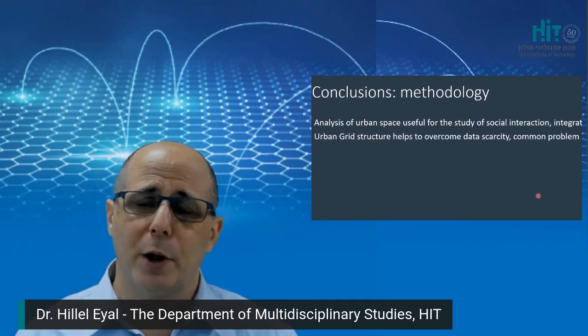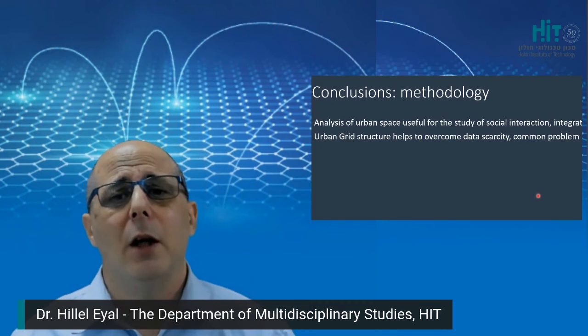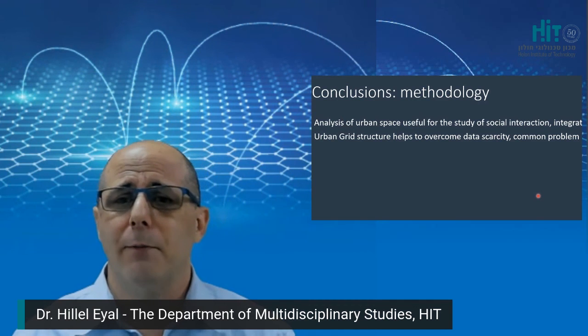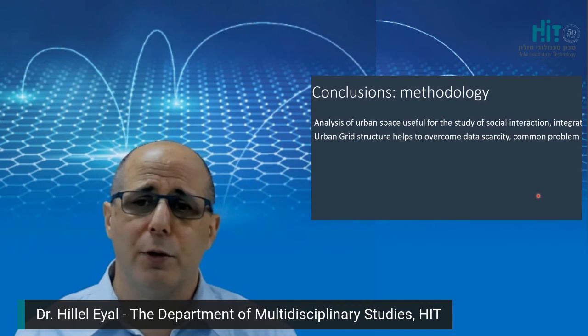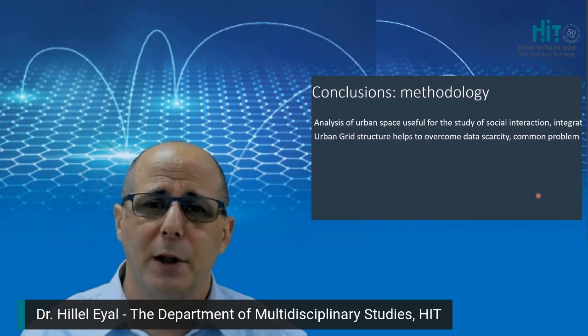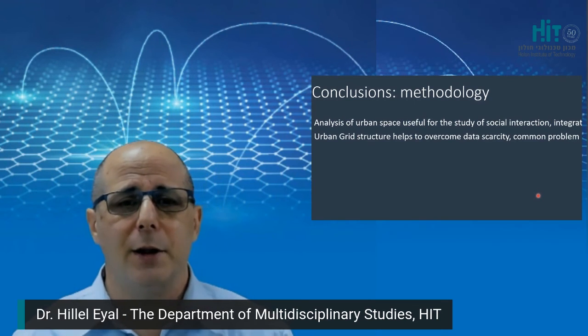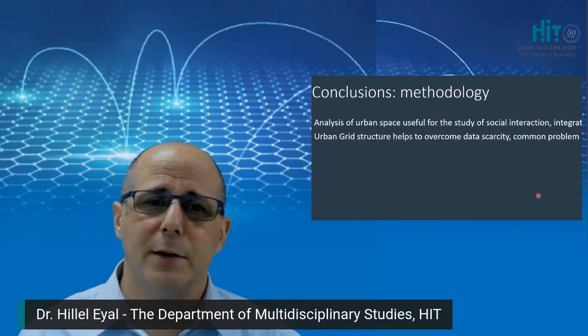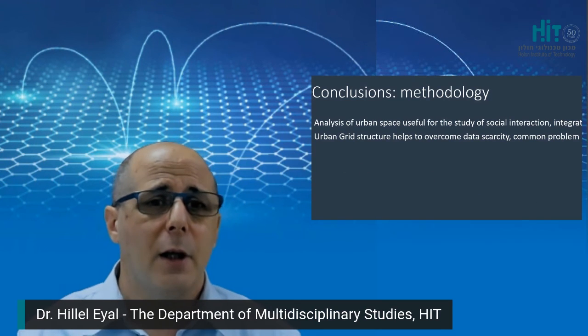Here we've talked mainly about racial groups, integration, once again, of social groups, or social mobility. Those are things that could be studied using the analysis of urban space, of the grid.